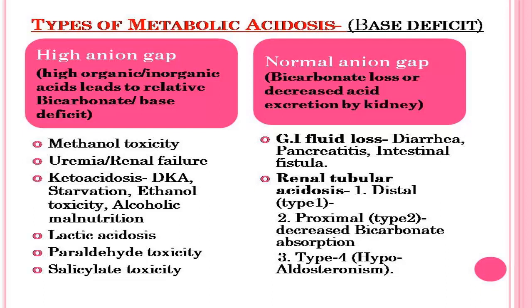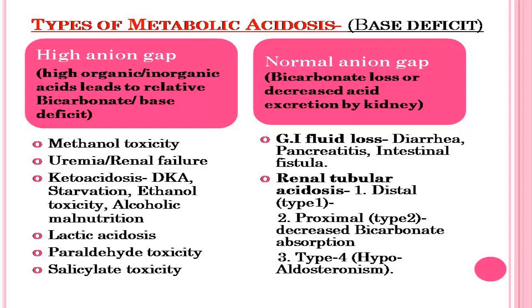So renal tubular acidosis type 1, type 2 and type 4 are associated with normal anion gap metabolic acidosis. Now remember that there are many overlapping areas in biochemistry and physiology. Renal tubular acidosis is such a topic and it is covered in the physiology classes in detail. So there you can understand the cause of the normal anion gap metabolic acidosis in renal tubular acidosis.